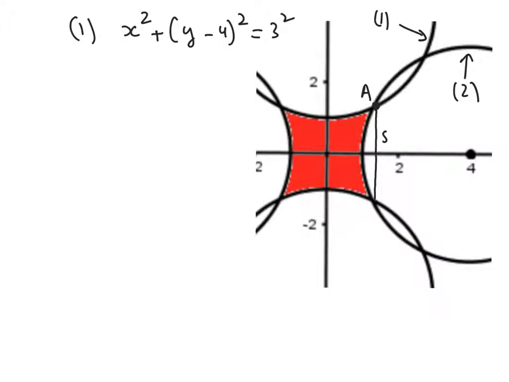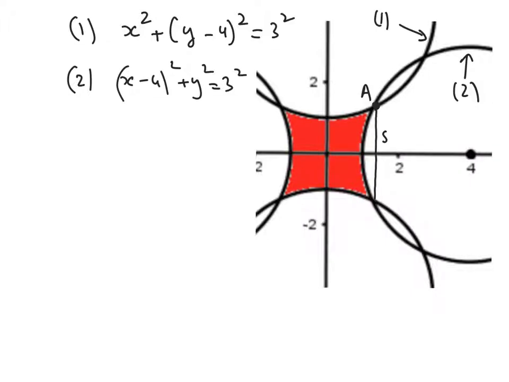If you go back to the original shape given, the center of the circle is at (0, 4) and the radius is 3. Now, the equation of circle 2 is given by (x minus 4) squared plus y squared equals 3 squared.